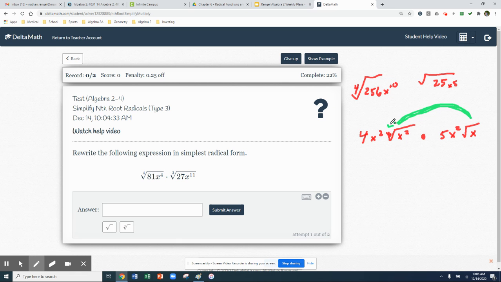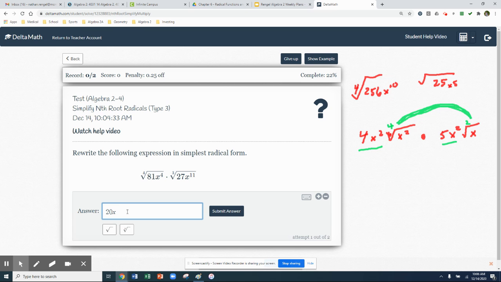This one has a 4. This one has an index of 2. So I cannot put those together. I'm going to have to leave those as separate entities. But I can multiply this 4x squared and 5x squared. That's going to be 20x to the fourth, and then I'm going to have a fourth root of x squared left.